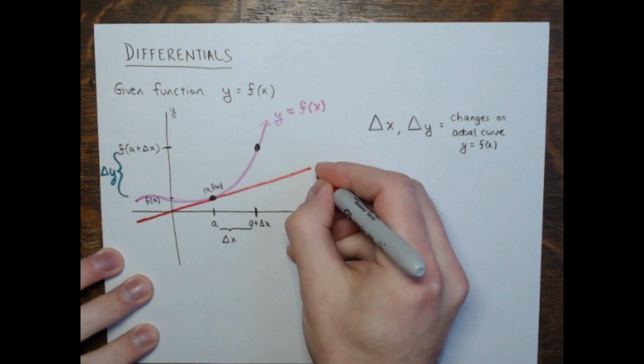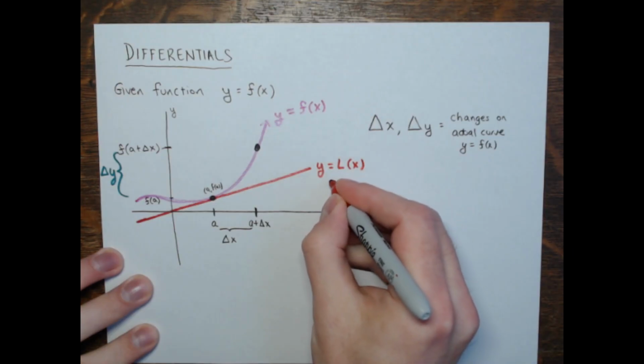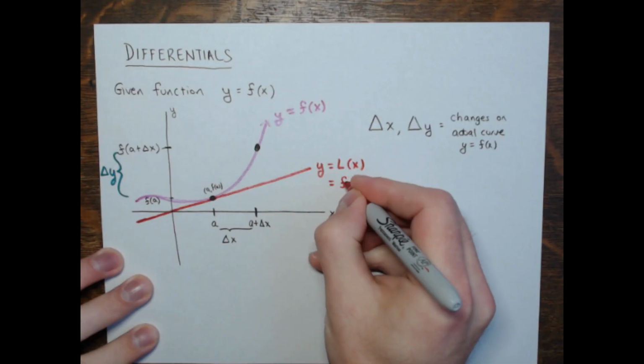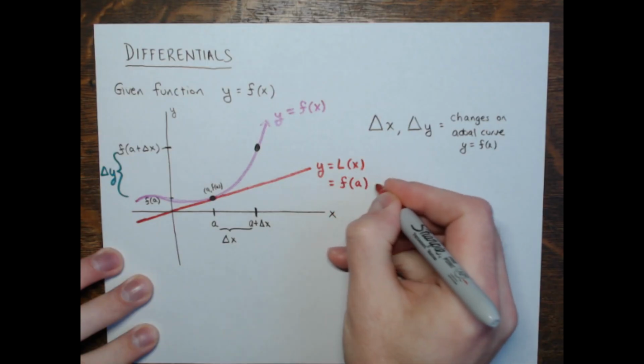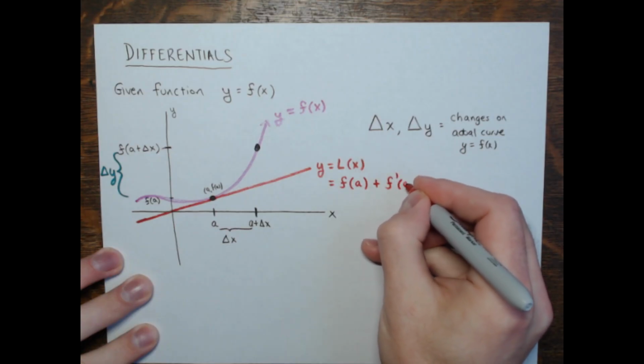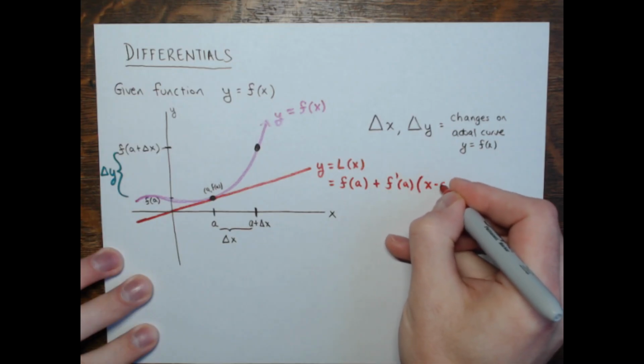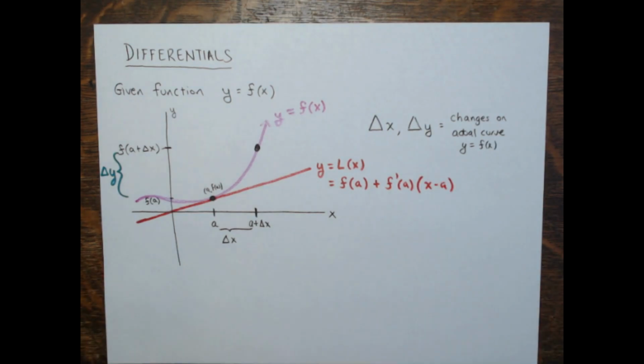Remember, this is y equals, they were calling it L of x, which was the value of f at a plus the value of f prime at a times x minus a. This was all the stuff I had written up before.